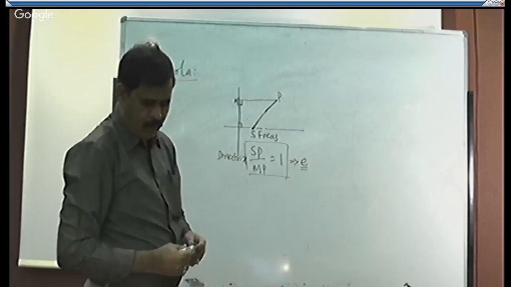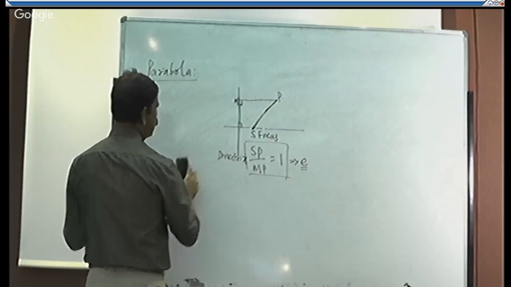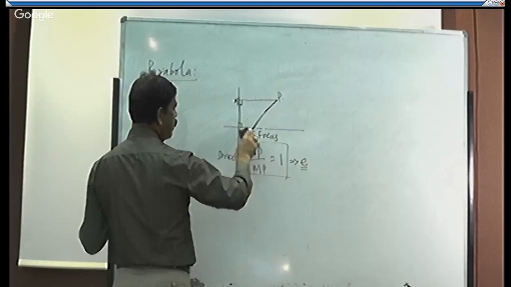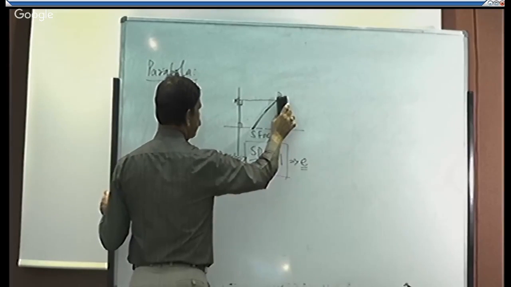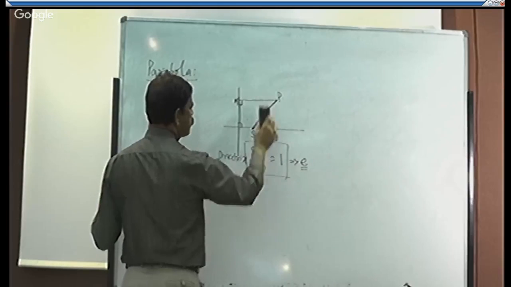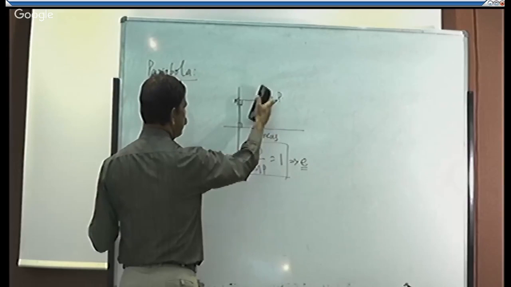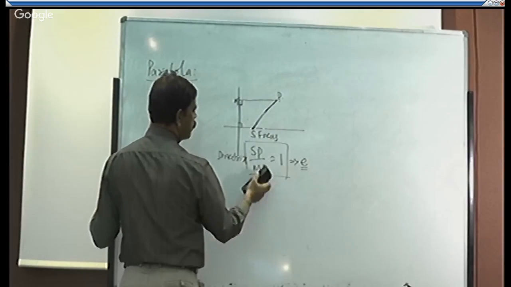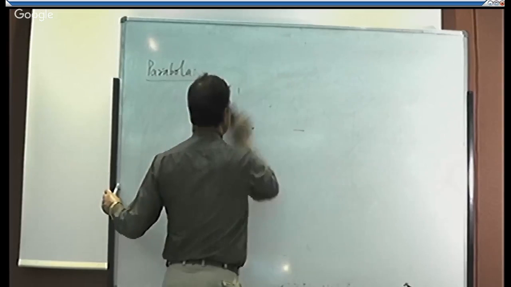How is the geometrical representation of a parabola? If the moving point moves under this condition, that the ratio between SP and MP is always equal to 1, the geometrical curve is obtained.